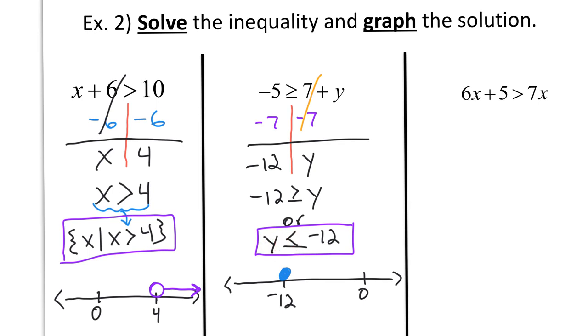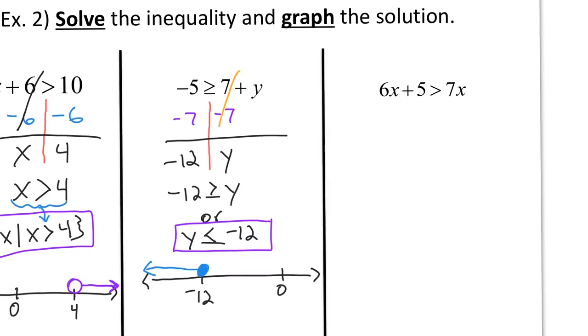The arrowhead, the inequality is pointing to the variable. So you guys are going to make an arrow going to the left. So that means that all those numbers on the left side of the negative 12, negative 13, negative 14, negative 15, negative 20, all those numbers are less than negative 12 or equal to, well, this number is included. Negative 12 is included because it's equal to negative 12.